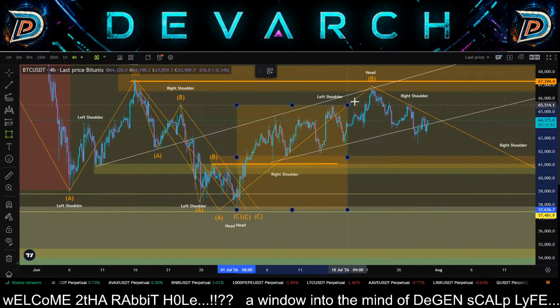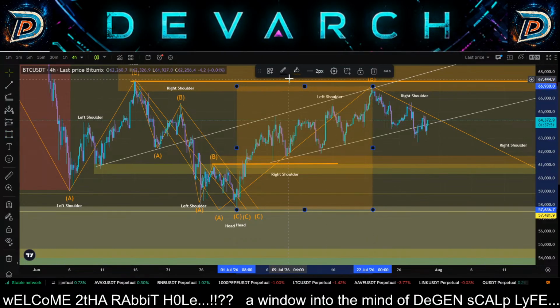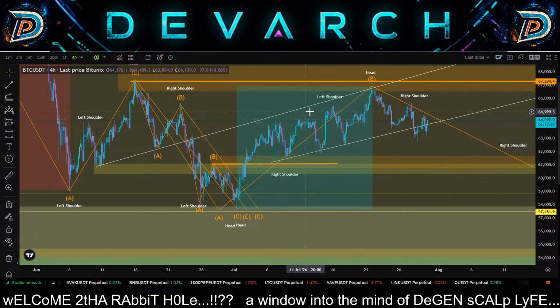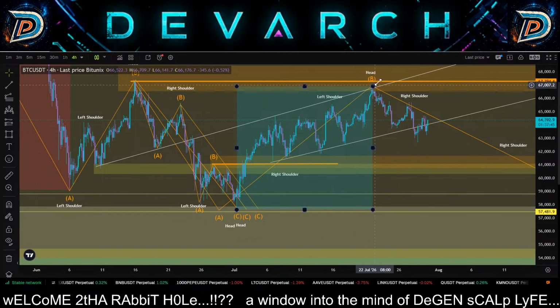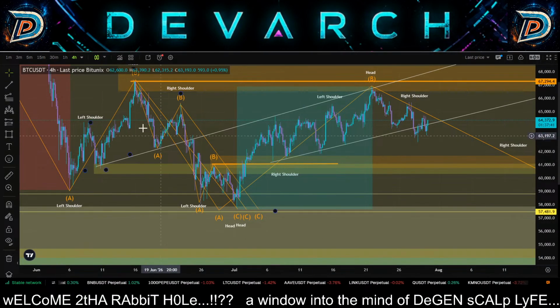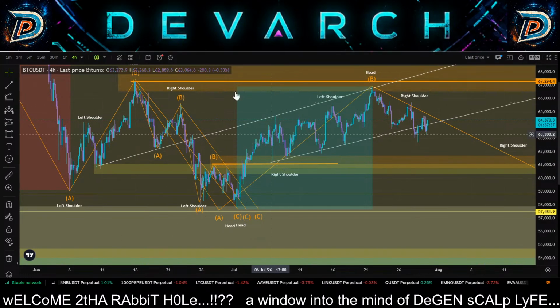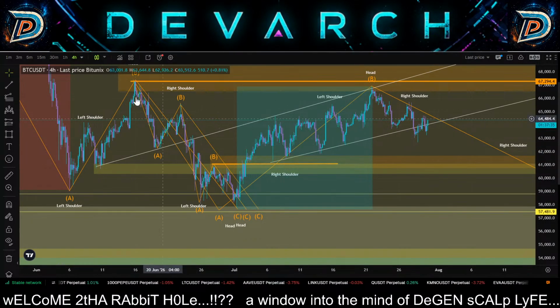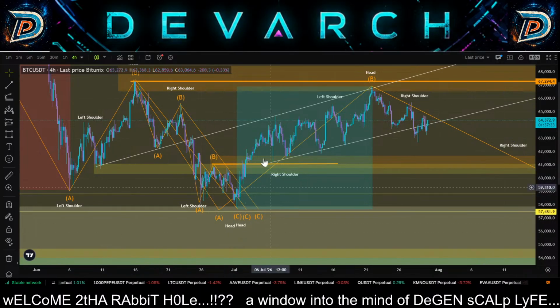So from the C to the B, we're looking at our first impulse. Very close to being, as soon as this 67,294 breaks, then you're looking at another break of structure and a larger wave fractal. But down here on the 4 hour, more granular, we're already starting to see the break.